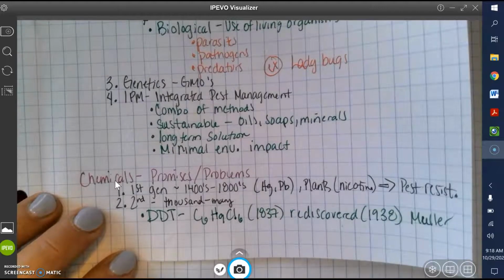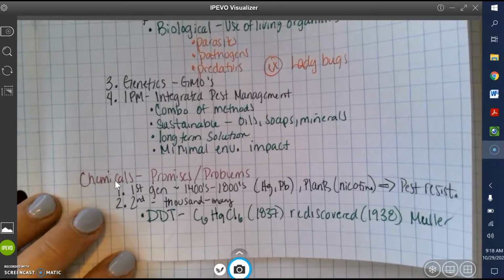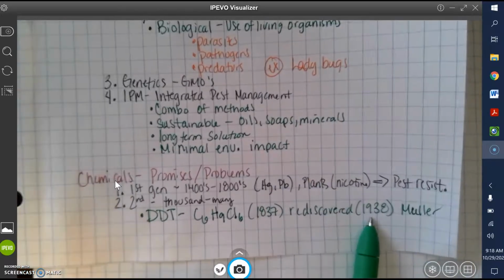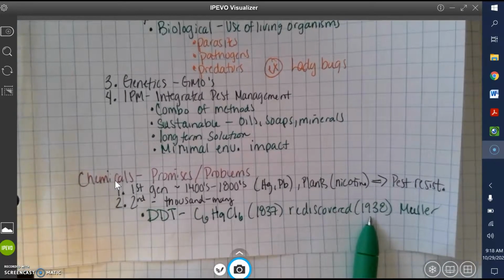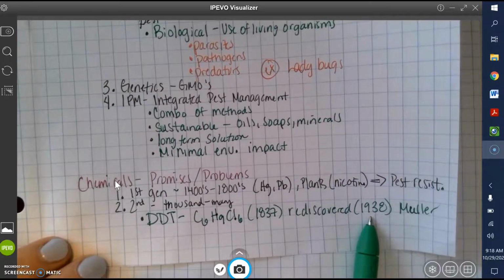Typhus is carried by lice, so there were typhus issues due to being in these wet, very humid areas. We had a lot of problems with mosquitoes and malaria. And so during World War II, DDT is made by Mueller, and it's like this saving grace. It supposedly saved millions, like 25 million lives.